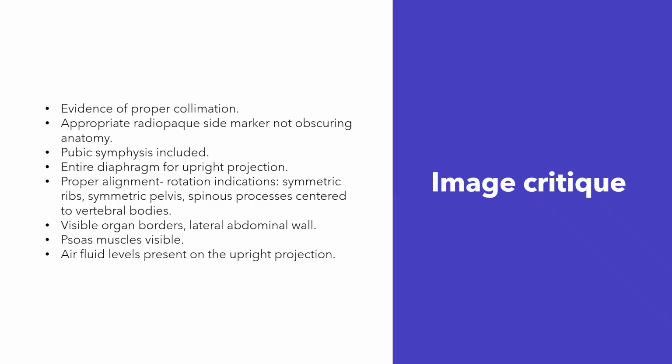Most places, a KUB, if you have all the kidneys and then you have all the bladder and the pubic symphysis, you're good. Okay. Some places they're like, no, an abdomen supine is from diaphragm to pubic symphysis. So you've got to clarify and ask on the front end, what's the protocol?